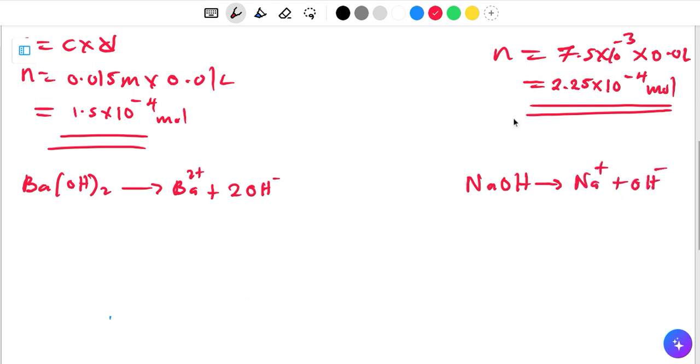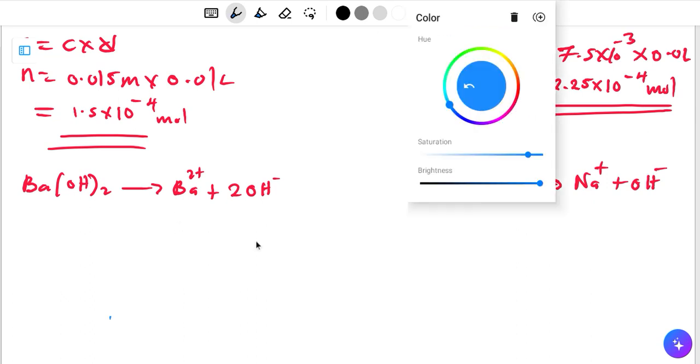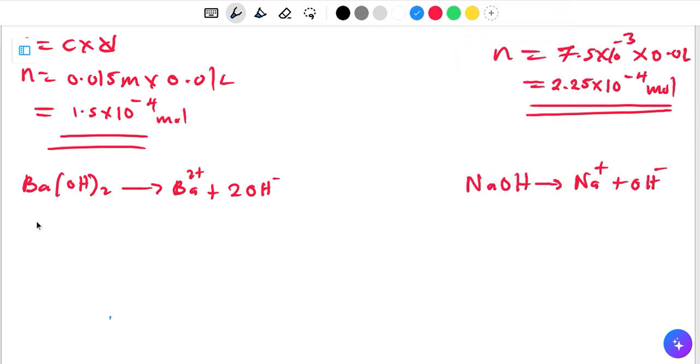So if you see the ionic equation, it is balanced. In terms of the ratio, for barium hydroxide it's 1 to 1 to 2, and for sodium hydroxide it's 1 to 1 to 1. So this is what we have.